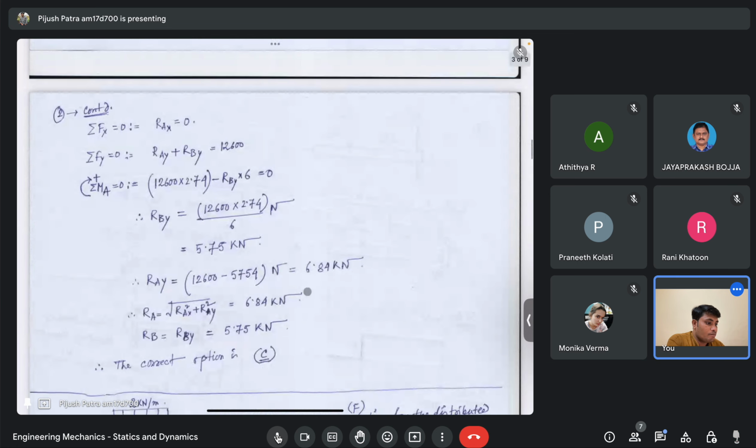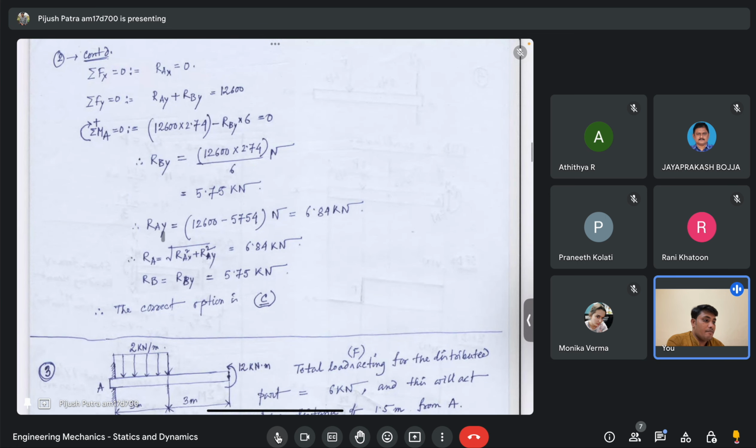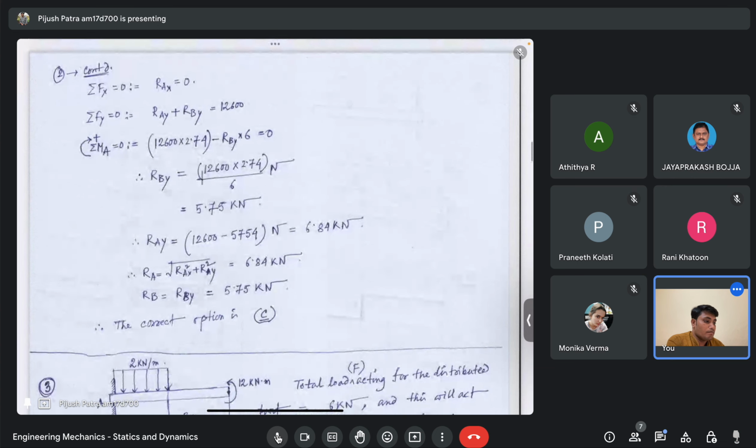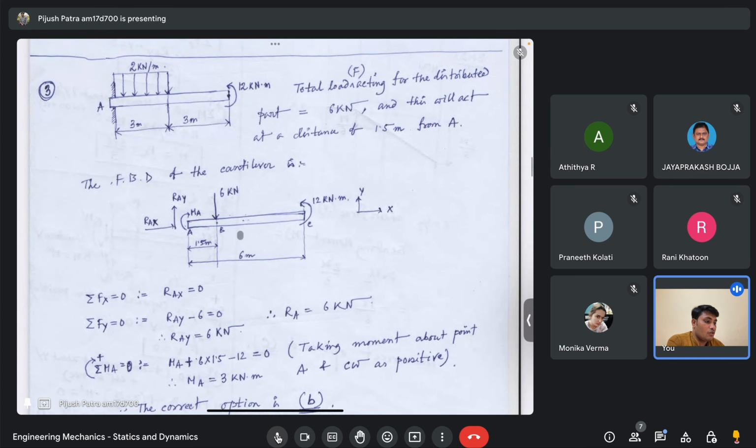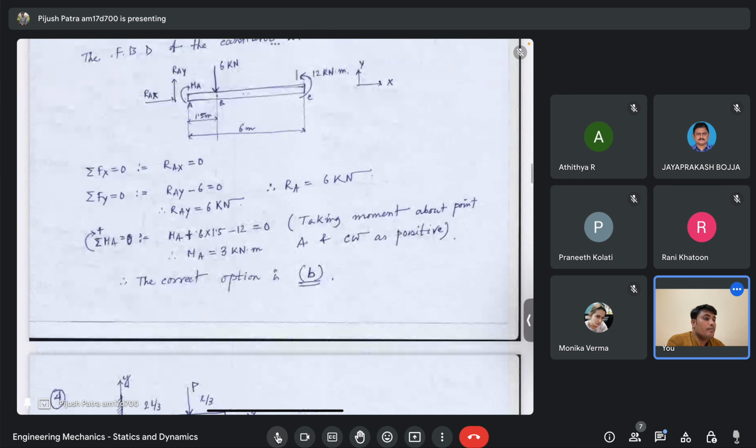Fine. So you apply the same rules here also as I told, but in the moment balance equation there will be an extra moment, which is the external moment of 12 kilonewton meter.